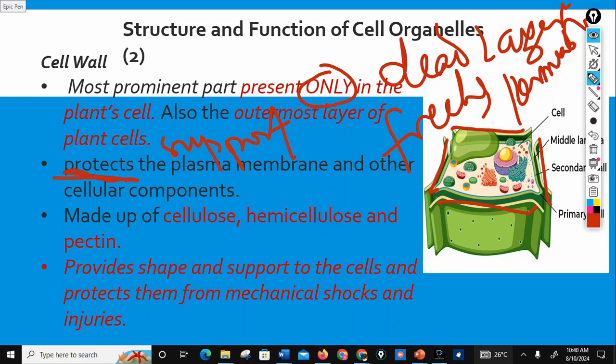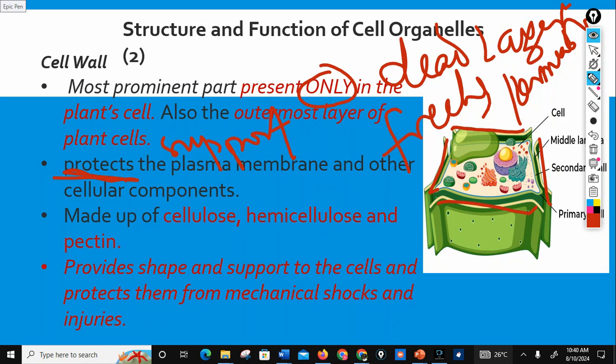It's because of the presence of a cell wall that protects the plasma membrane and other cellular components. The plasma membrane, which is the cell membrane, is protected by this layer.